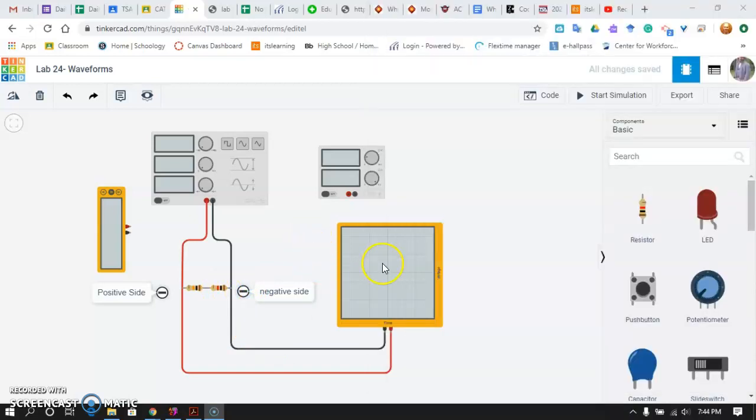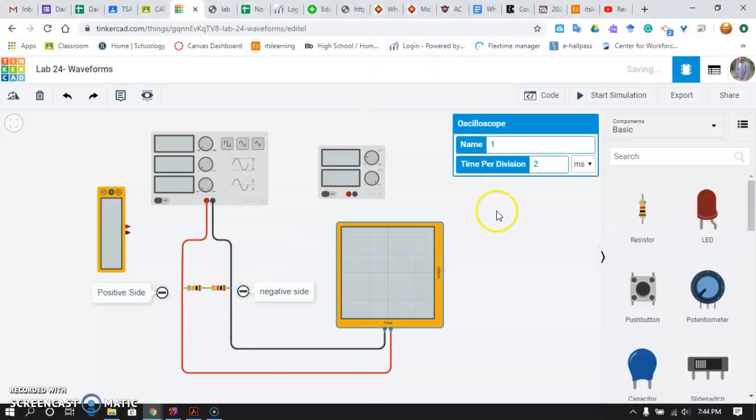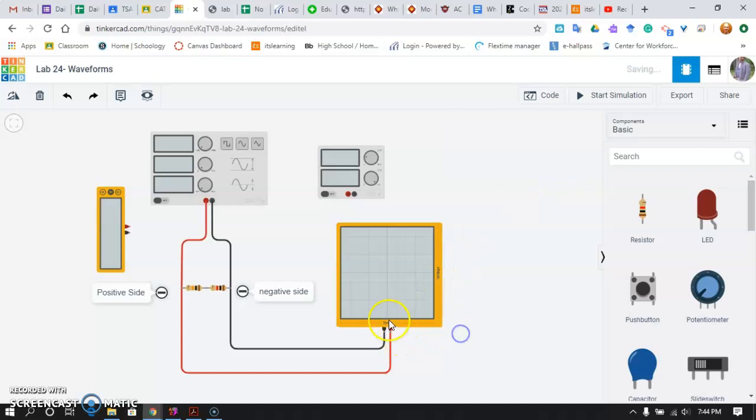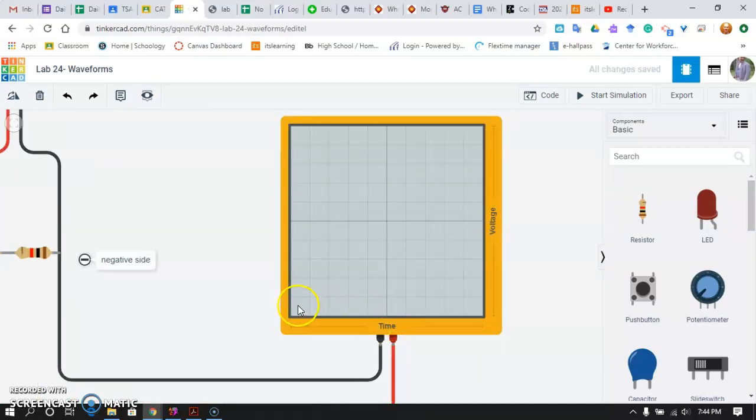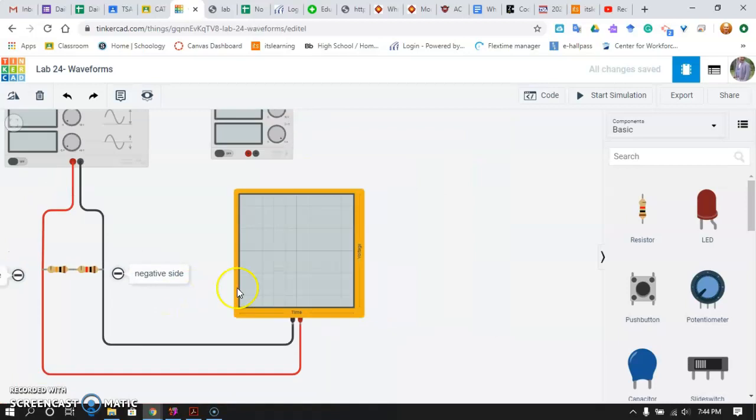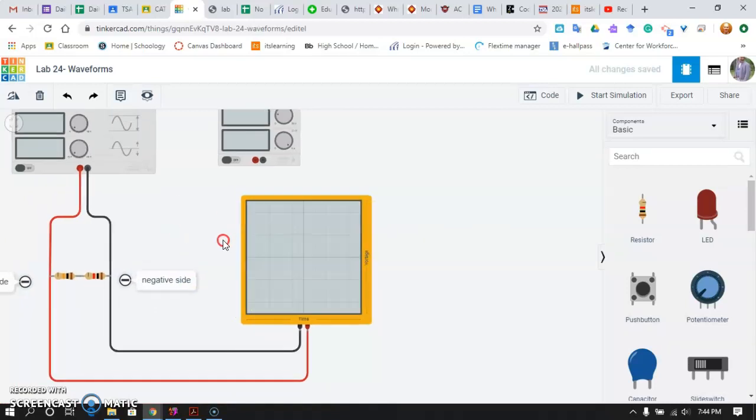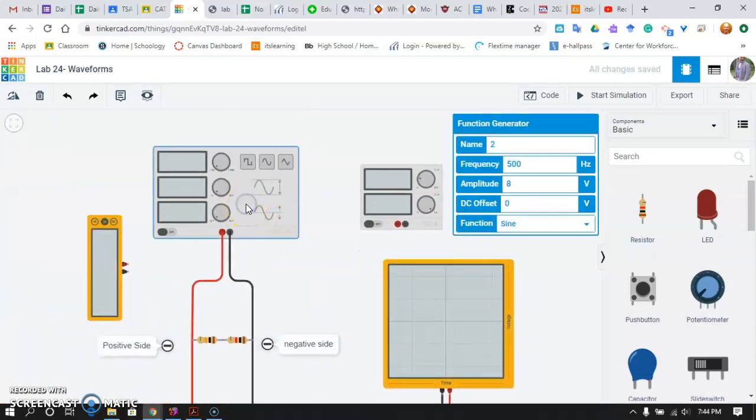Let's pull up our oscilloscope here and take a look. Our oscilloscope right now is set at 2, so we want to move this back to 1 millisecond to the division. Again, our time division here, each square is equal to 1 millisecond. So we're seeing 10 milliseconds altogether across the horizontal scale there. Remember, our voltage is auto sensing. We come here to our setting for our function generator, where we can set the frequency.